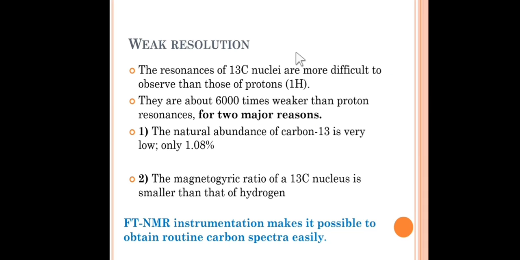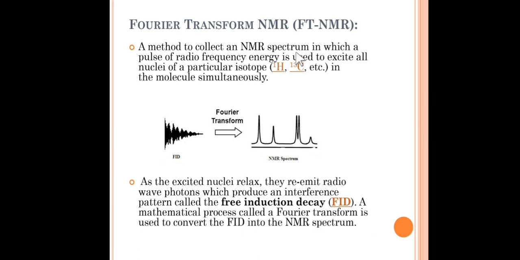Let's see what this FT-NMR instrument does in the next slide. FT NMR stands for Fourier Transform NMR. What is this technique? It is a method to collect an NMR spectrum in which a pulse of radio frequency energy is used to excite all the nuclei of a particular isotope at the same time.